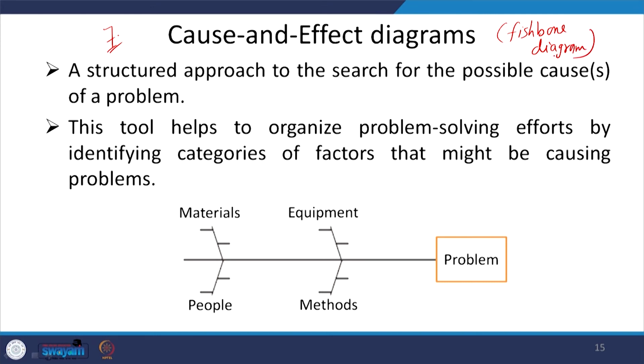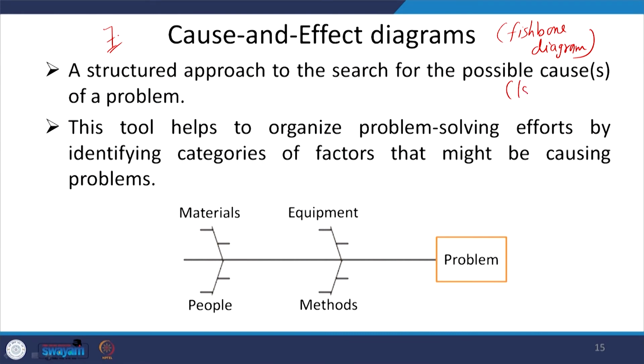This is also known by the name of who gave this particular diagram, that is Ishikawa diagram. In our discussions of modern quality gurus, we took the name of Ishikawa also, if you recall, and Ishikawa was the person who gave this cause and effect diagram or fishbone diagram.